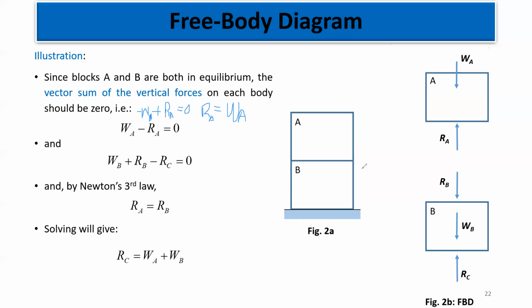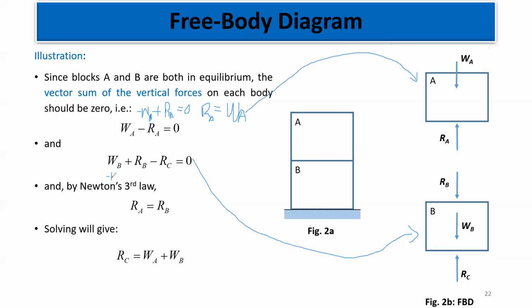Now if I consider body B, this one is for only body A. So if I consider body B, you see, I can say that this is pointing downward, so it's negative.